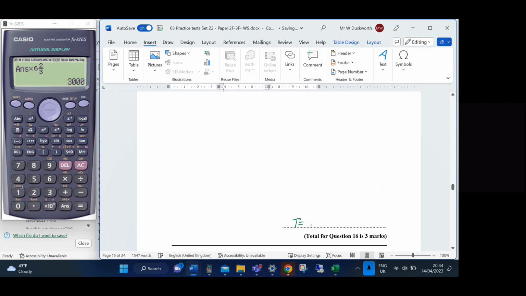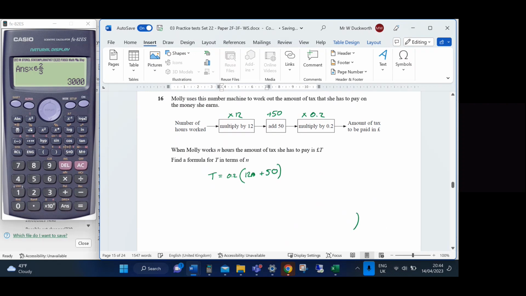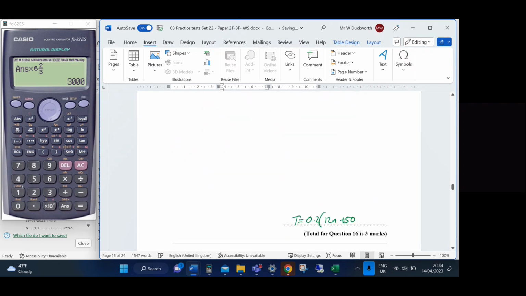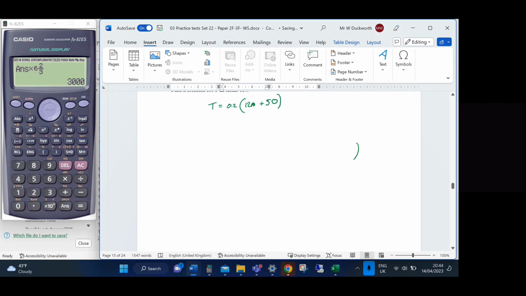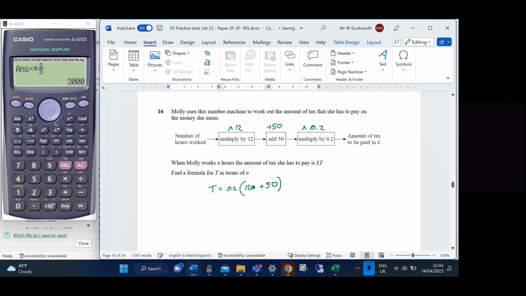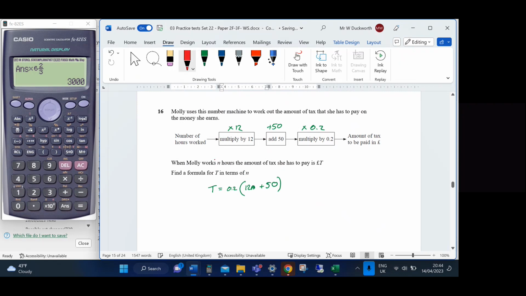That seems quite quick for 3 marks. Another way you could look at this, to find a method slightly more deserving of 3 marks, because that seems quite straightforward: let's pretend we put N in, and then we would get T out.